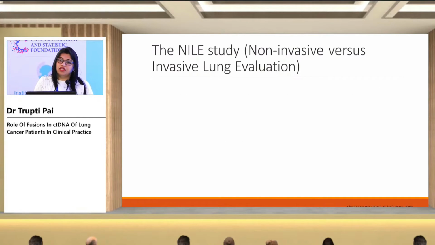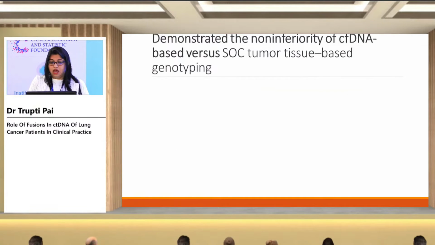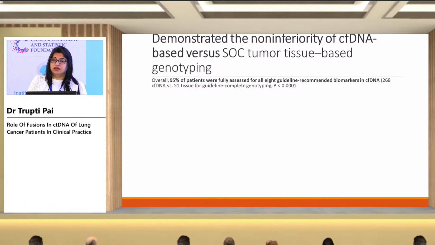This is one of the largest prospective studies done on cfDNA, the NILE study, that is the non-invasive versus invasive lung evaluation. In this, they had taken biopsy proven previously untreated non-squamous metastatic NSCLC over a duration of 2 years. What they demonstrated is that there were some cases in which they did upfront tissue and also cfDNA.